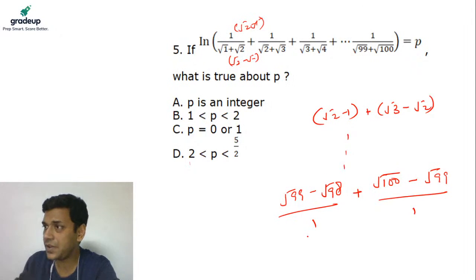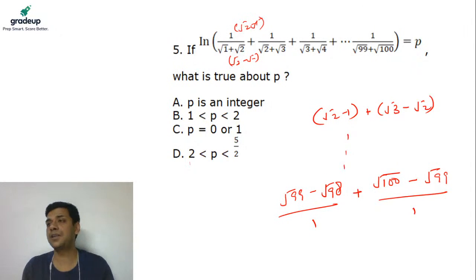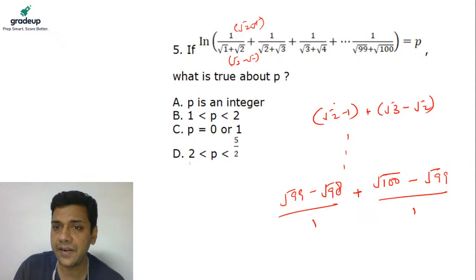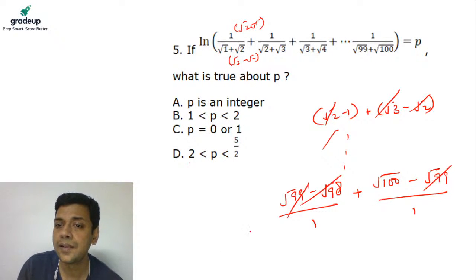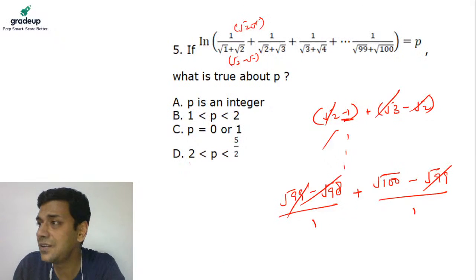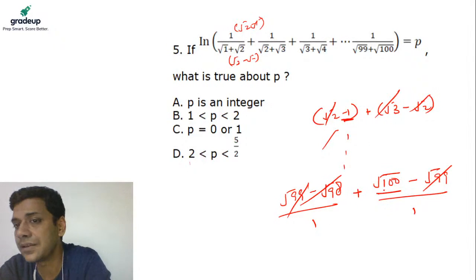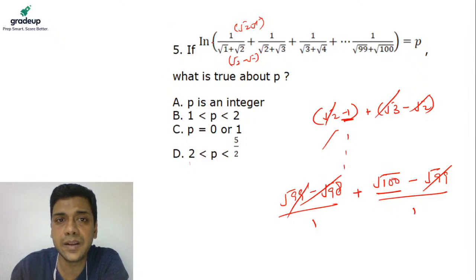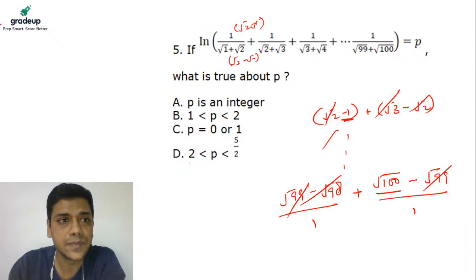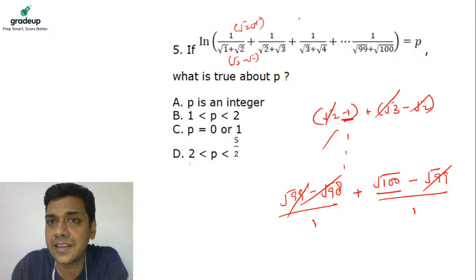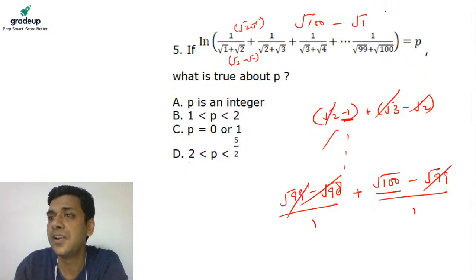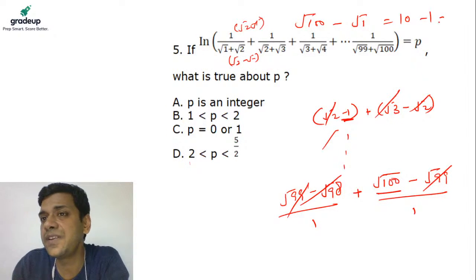So if I simply rationalize each and every number, what will I realize? I will realize that all the numbers will get cancelled out except minus 1 at the beginning and root 100 at the end. So basically, what is the number inside this bracket? It is nothing but root 100 minus root 1, which is 10 minus 1, which is 9.